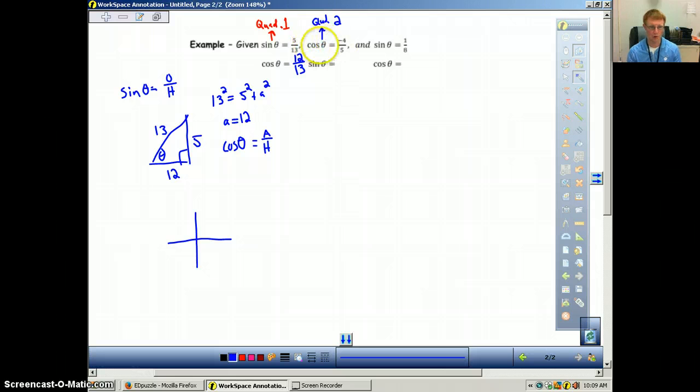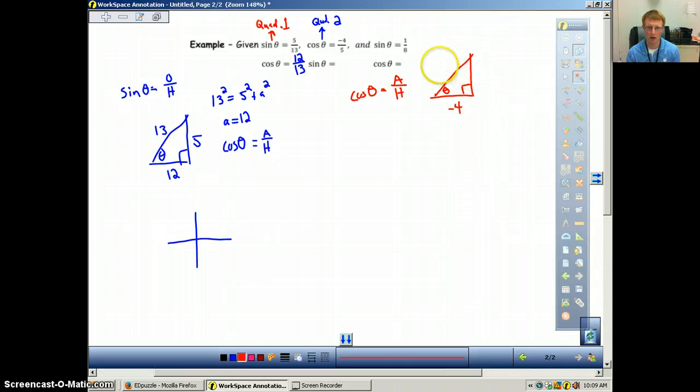Okay, second one, cosine of theta is negative 4 over 5. So here, same idea, but you have to think cosine of theta is adjacent over hypotenuse. So when I draw this triangle, the adjacent side is going to be negative 4. Don't worry about it being a negative right now. It's just because it's in the second quadrant.